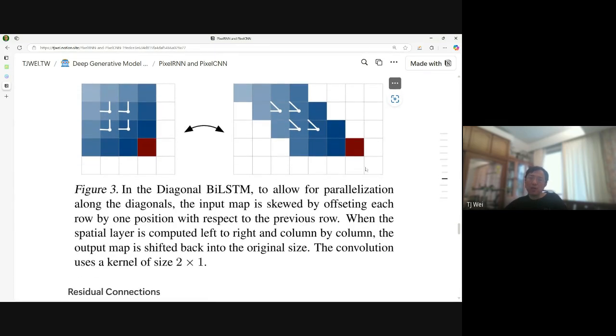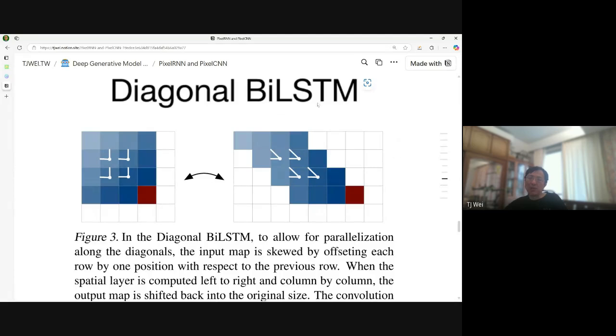Although it is done by using a BiLSTM, because when we do the training, the dependency is on the left-hand side, we can safely assume that everything on the left-hand side is already generated when we do the inference.